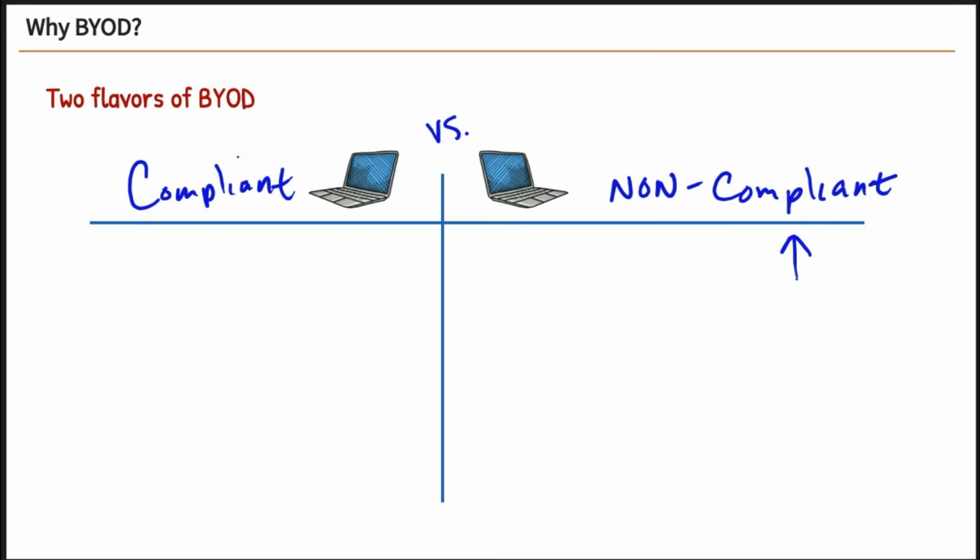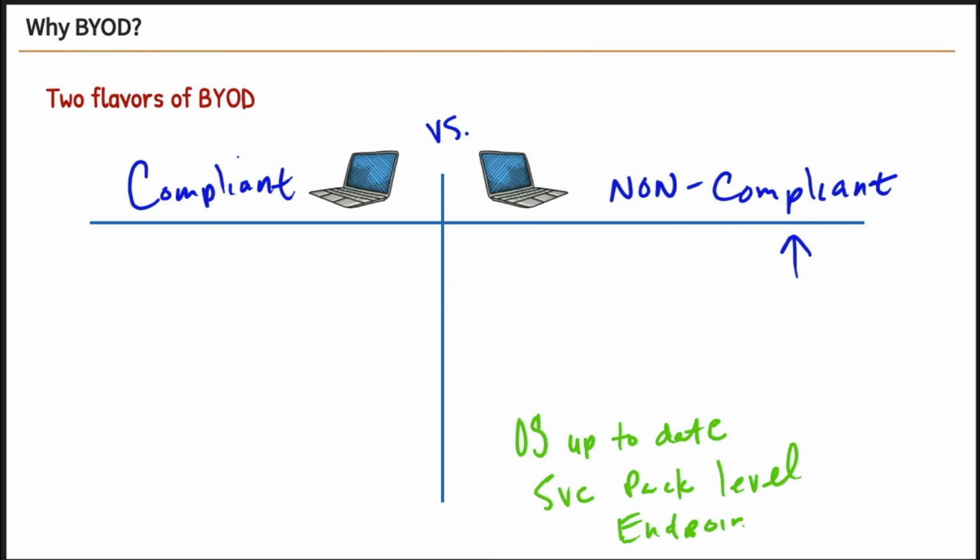Some of the things when it comes to whether something is compliant or not, maybe we want to make sure the operating system is up to date or running a certain level of OS. Also, service pack level within the OS. We can check that as well. Also, the endpoint protection. Does it have an endpoint protection solution installed?